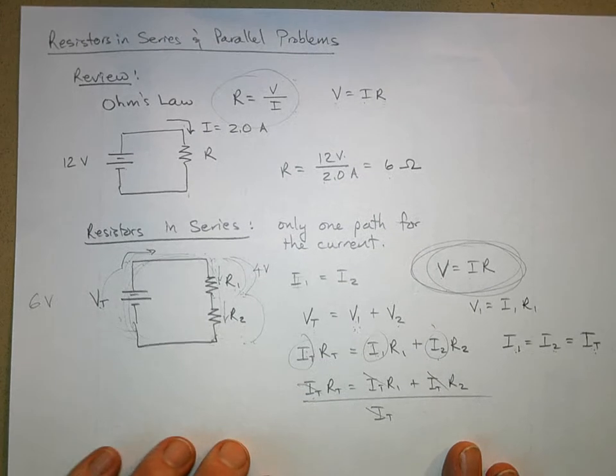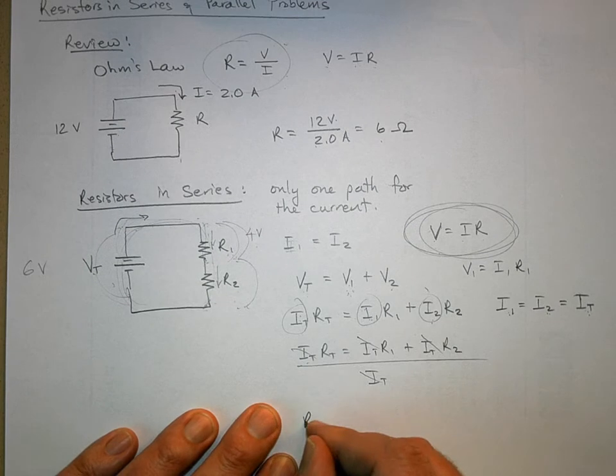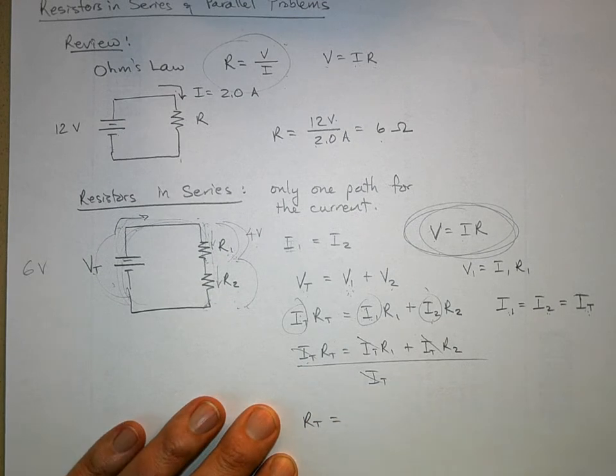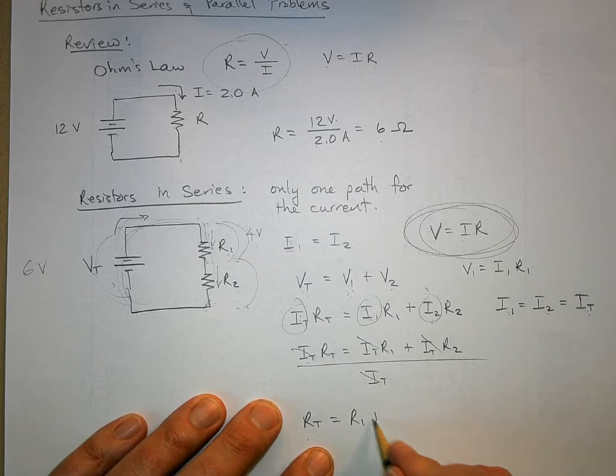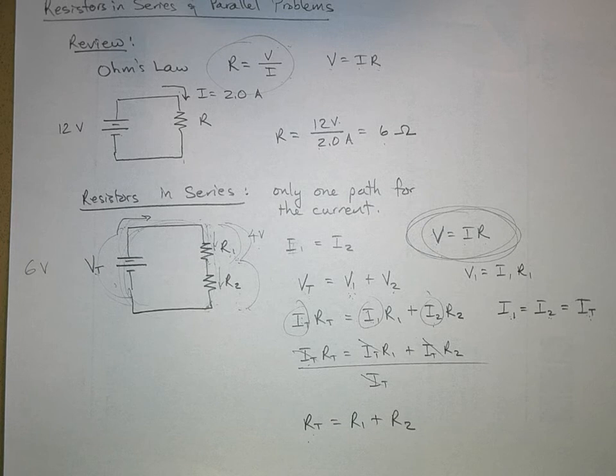And we get the expression that we actually derived in the lab the other day, yesterday, I think. The total resistance is just equal to R1 plus R2. Okay?